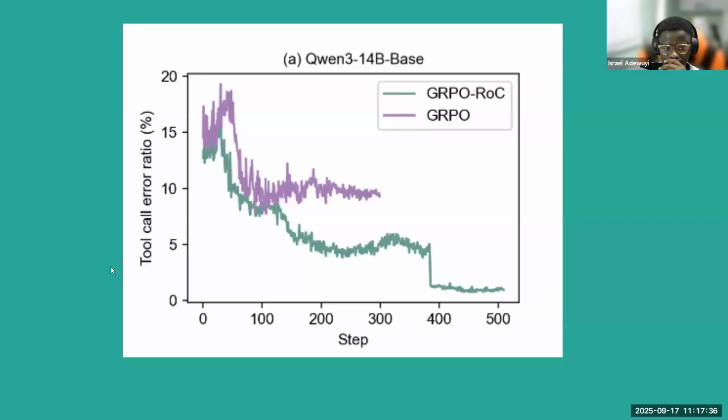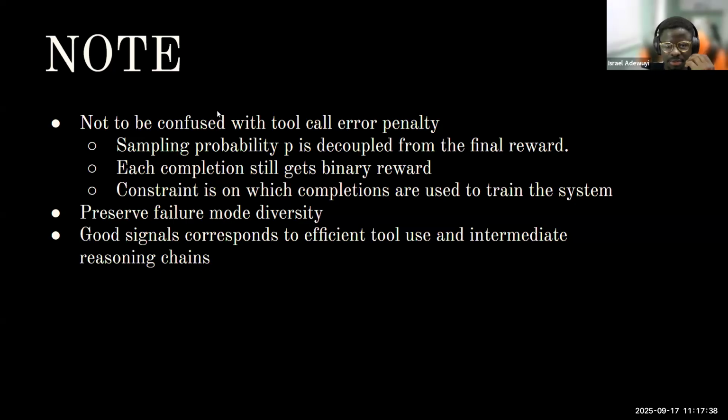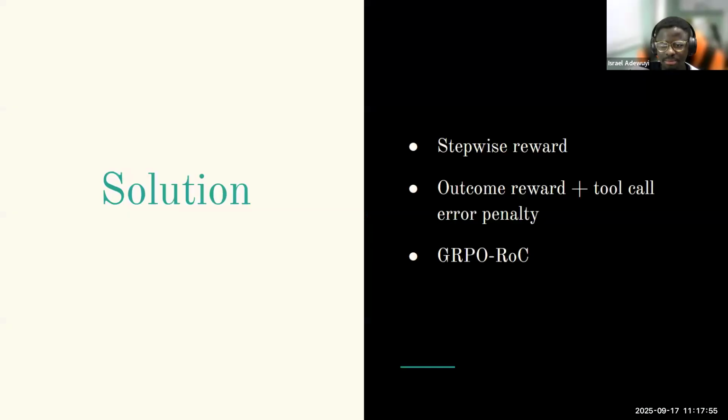I made this point because this was a little confusing for me when I read the paper, but I clarified that. The idea is that the sampling probability for the positive cases is decoupled from the final reward. This seemed to me in spirit like outcome reward with penalty.